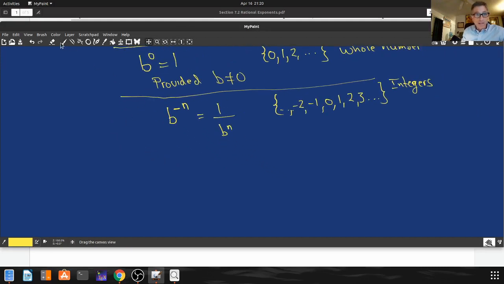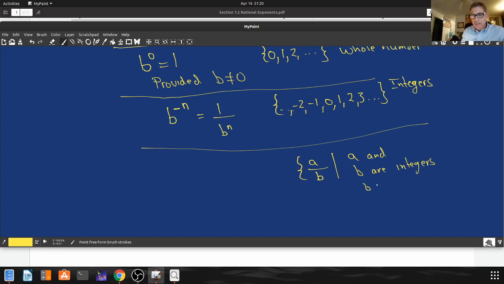maybe not in a class that you've had, we extended the set of numbers to include fractions, a over b, such that a and b are integers, and b is clearly not equal to 0.